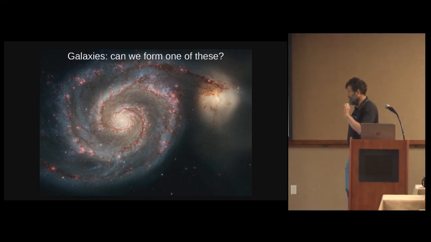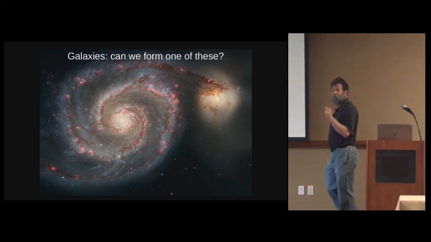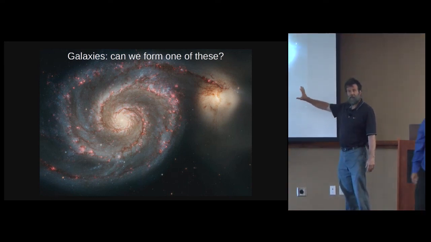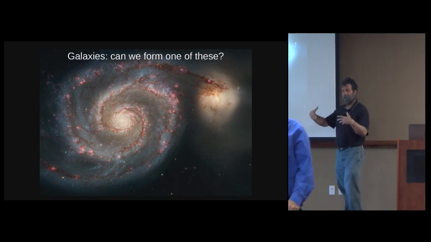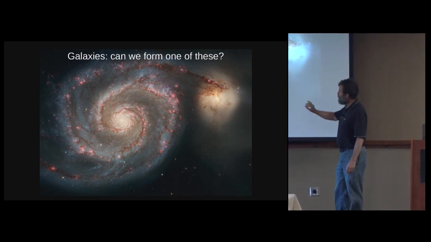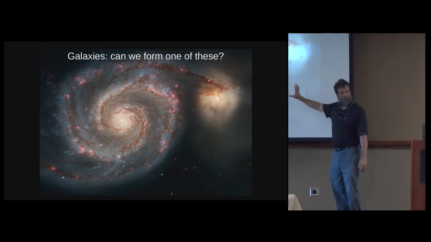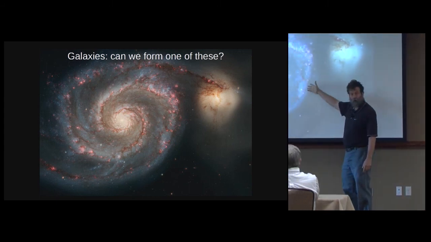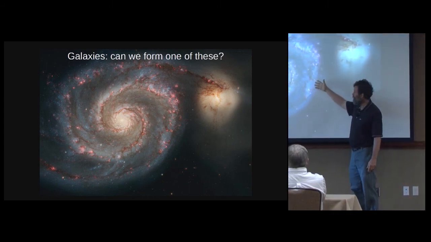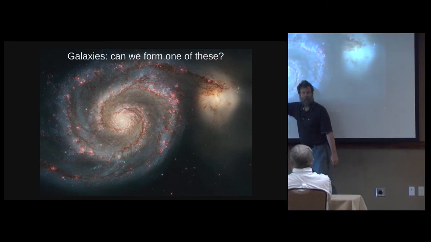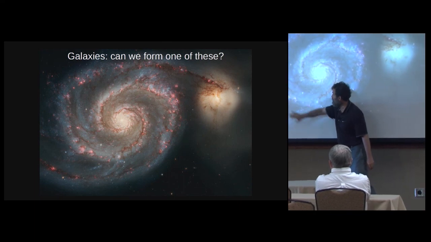Right, so the basic problem: how do you make one of these? Brian set the context for this, that what you see here is not the complete galaxy. This is buried in a much larger dark matter halo, but what you see here is quite important, and that is the baryonic physics. Specifically, stars are producing the light. The stars are also producing ionizing radiation, which is causing these H2 regions.